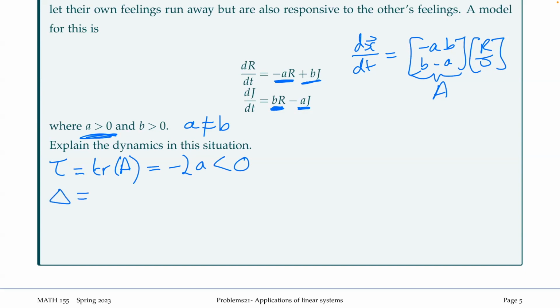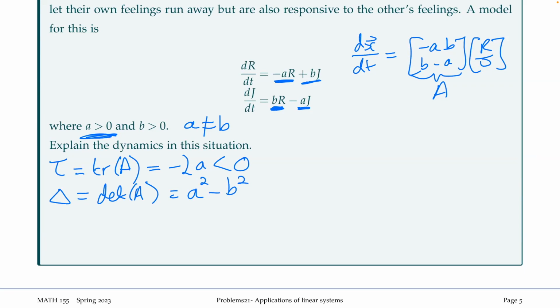How about my determinant? So we can have minus A times minus A, it's going to be A squared. Minus B times B, it's B squared. So this is a little bit tricky this time because we're only told that A and B are positive.